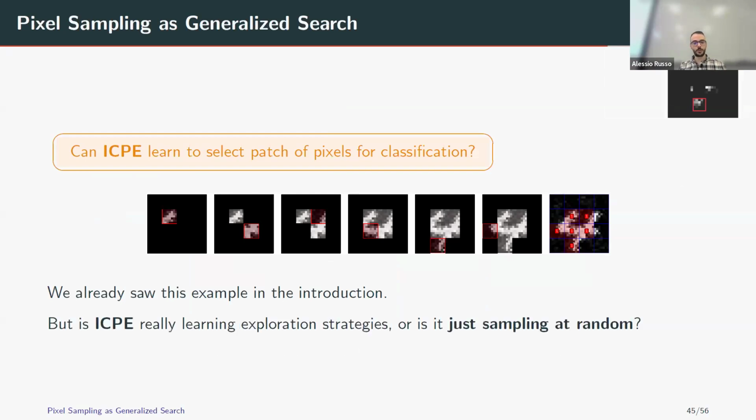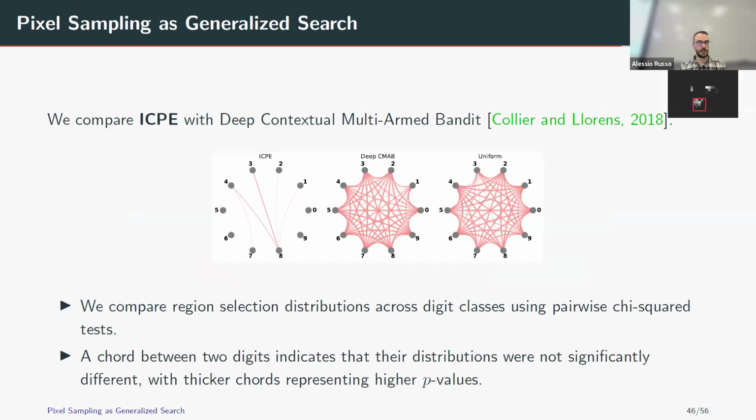So what we did was to compare with a uniform distribution of sampling, so sampling uniformly at random in the image, and we also compare with a contextual multi-arm bandit approach that uses deep neural networks. And we compared how the region selection changes across digits.